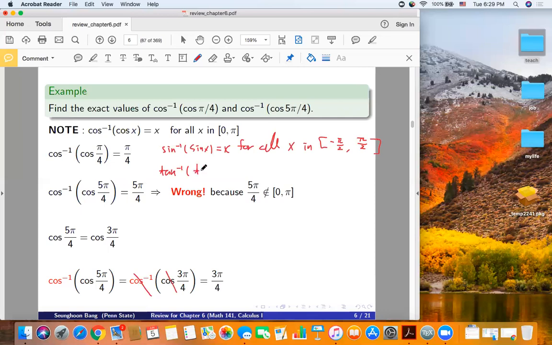Inverse tangent of tangent x equals x for all x in the open interval negative pi over 2 to pi over 2. So in this equation, we have inverse sine of sine pi over 7 equals pi over 7. This is right? So what do you think?